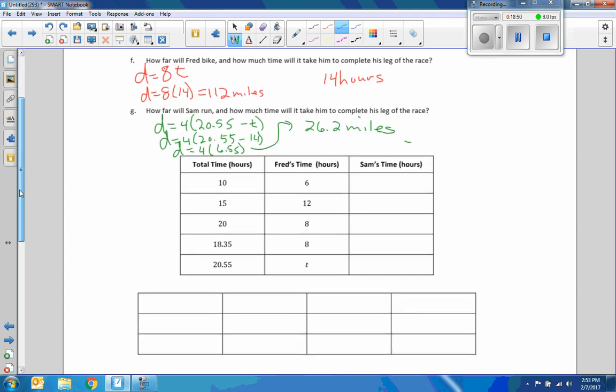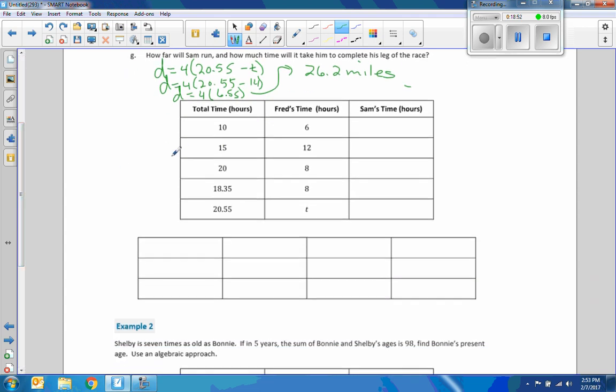Okay. So next thing is we have a table. Total time in hours, Fred's time in hours, Sam's time in hours. So if we take the total and subtract Fred's, we're going to get Sam's. So we're subtracting. That's all we're doing, subtracting.